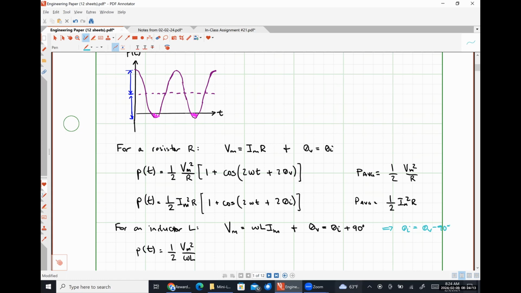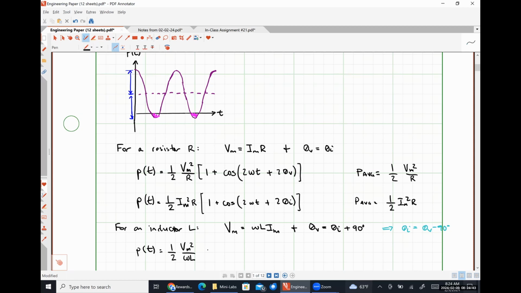So when I have theta V minus theta I, that's now going to look like theta V minus theta V plus 90 degrees. The theta V's cancel each other out. And now I'm just taking the cosine of positive 90 degrees, which is 0. So there is no DC component to the instantaneous power absorbed by an inductor.